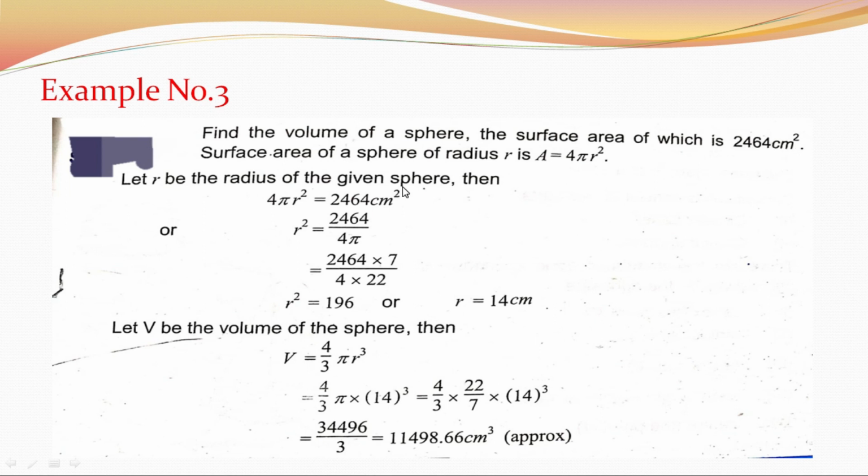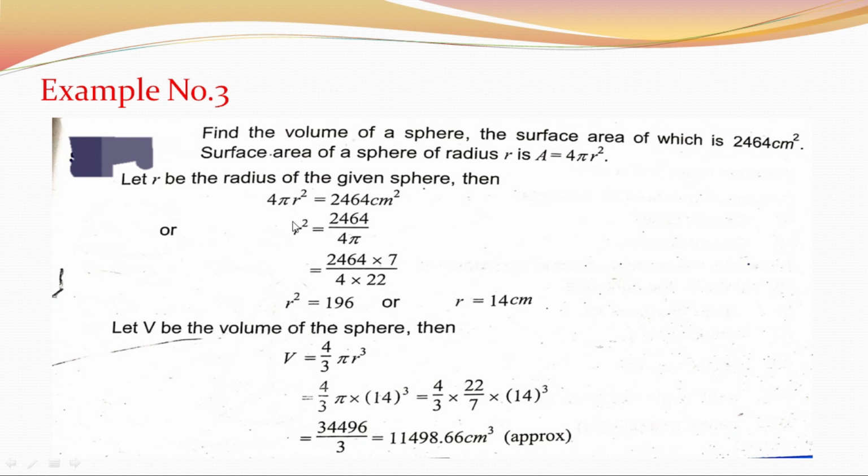This is the third example: find the volume of a sphere, the surface area of which is 2464 centimeter square. Surface area of a sphere of radius R is equal to 4 pi R square. Let R be the radius of the given sphere, then 4 pi R square is equal to 2464 centimeter square, because this is the given area.